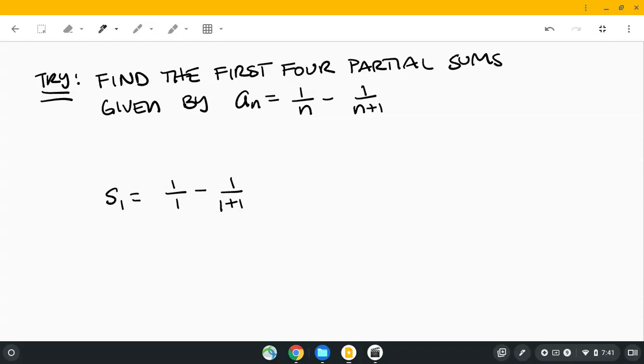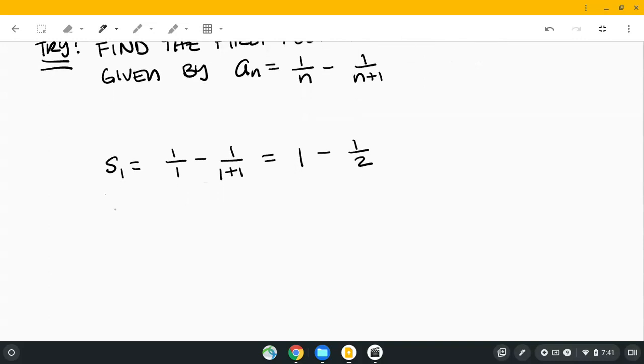Okay, so this is the sum of just the first term here, and we get 1 minus 1/2. I'm going to just leave it there for now. If I see a pattern, then I'll just stop there. If I don't, then I'll move to the next step, which is doing that actual subtraction.